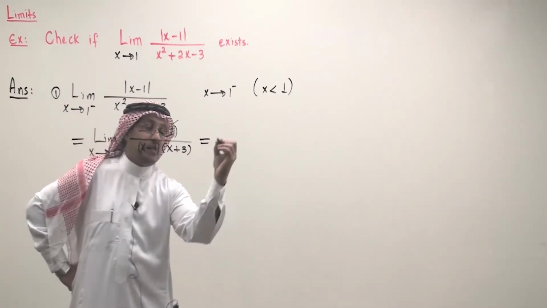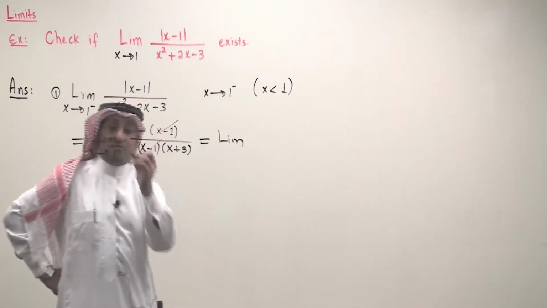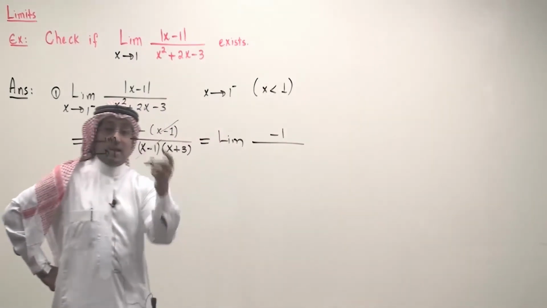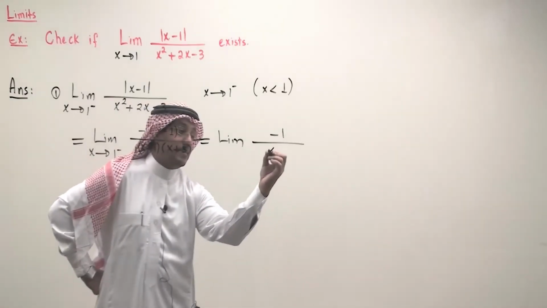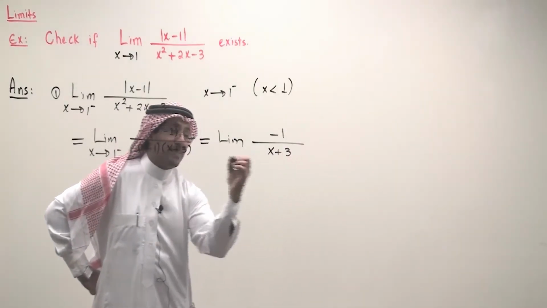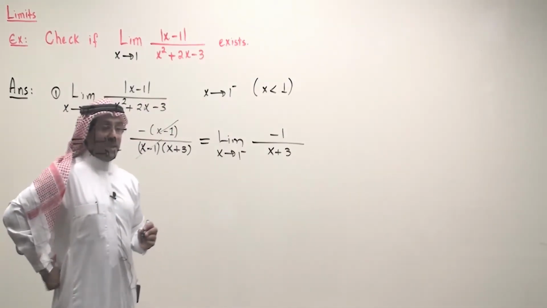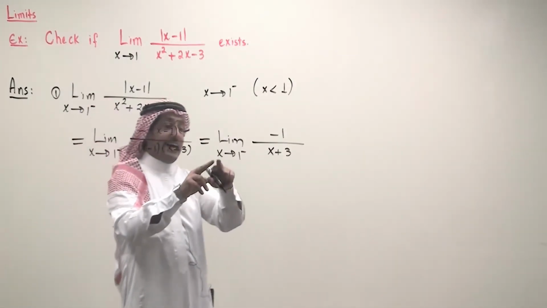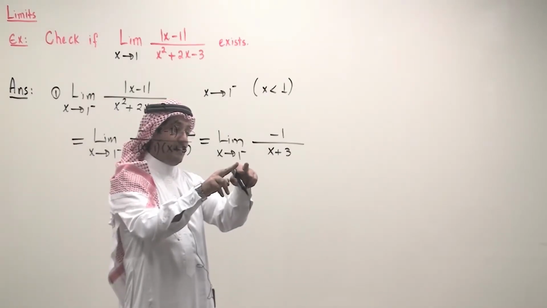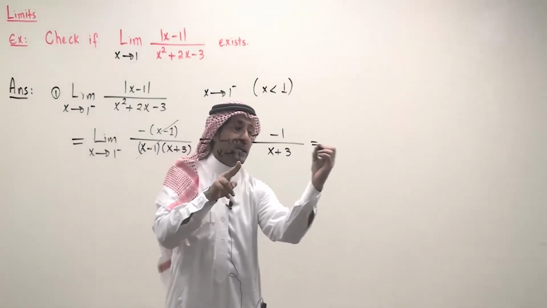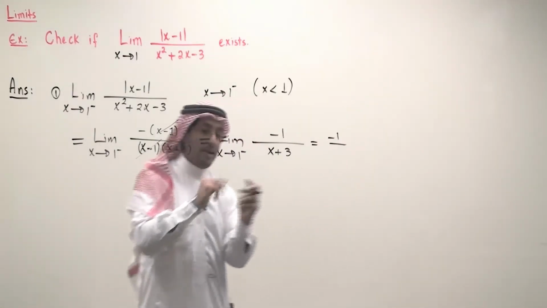So this one equals the limit of the things left over, minus 1 divided by x plus 3, as x goes to 1 from the left side. As you see here, this quantity is going to be negative 1 divided by this.